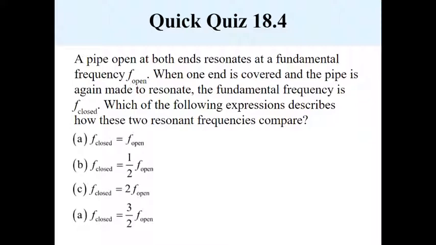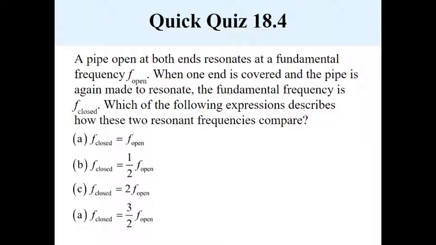There's another fundamental frequency that we define, since after all, when we cover the pipe, we are changing the boundary conditions. Which of the following expressions describes how these two resonant frequencies compare? So we're comparing the resonant frequency of a pipe open at both ends versus one that's closed at one end and open at the other.